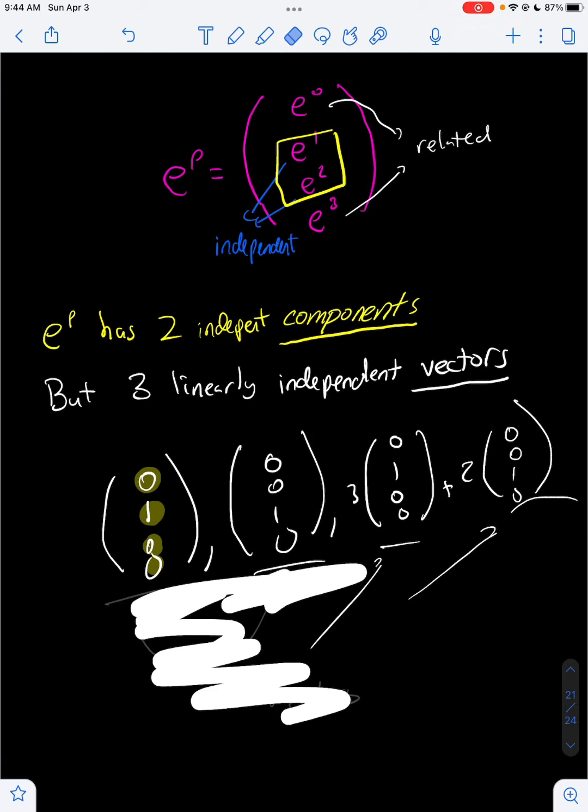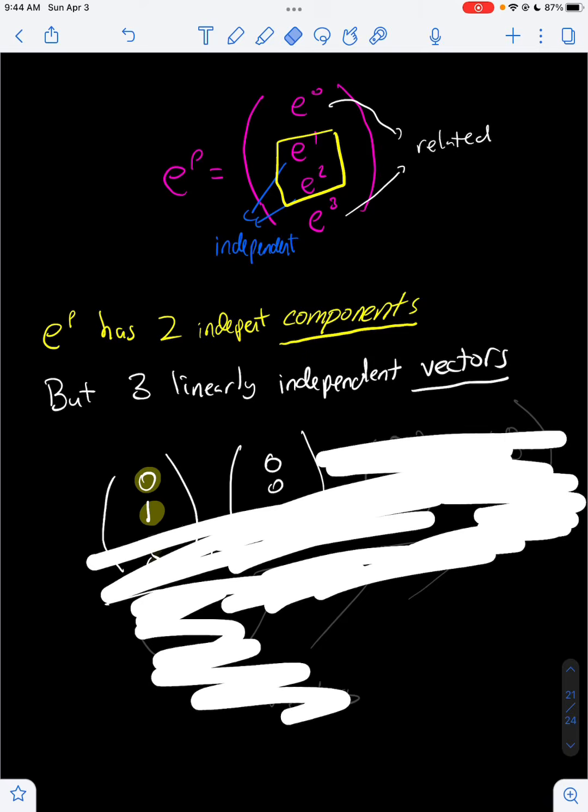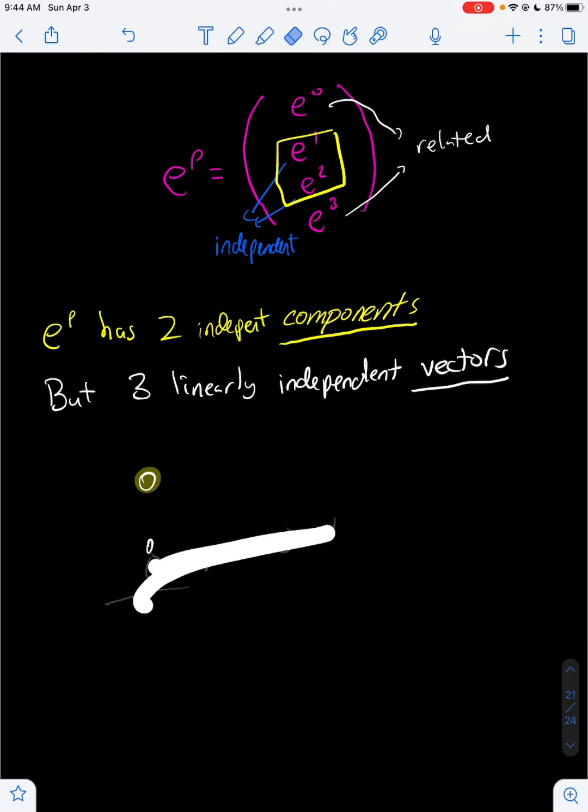Since we can have a bunch of polarization states, we can have a bunch of polarization vectors, and this comes from linear algebra.